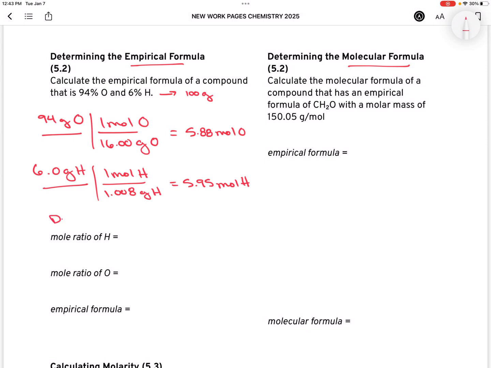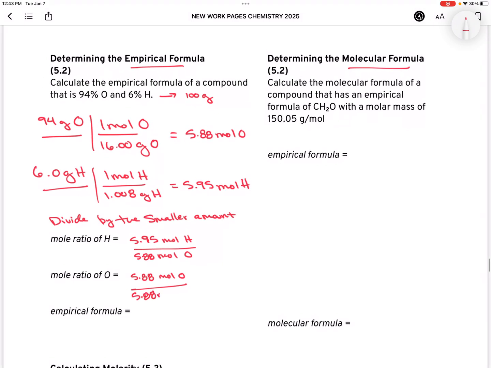So our mole ratio for hydrogen is 5.95 moles of hydrogen divided by 5.88 moles of oxygen. And then our mole ratio for oxygen is 5.88 moles of oxygen. We're just doing a direct comparison. That's all we're doing.